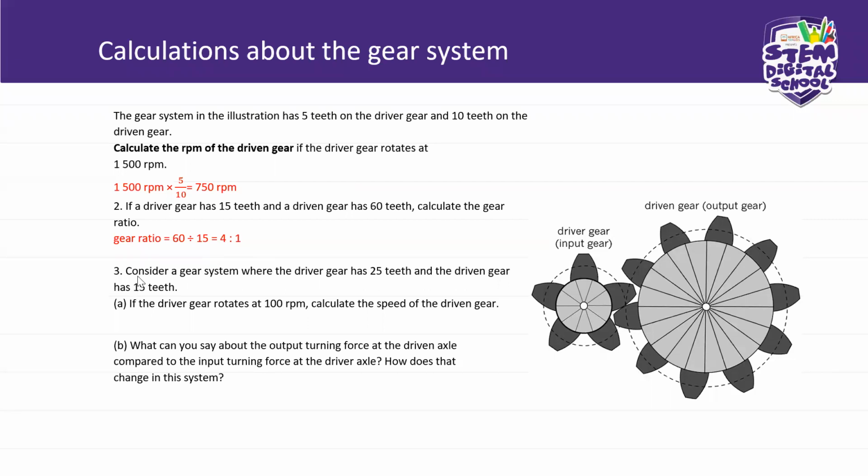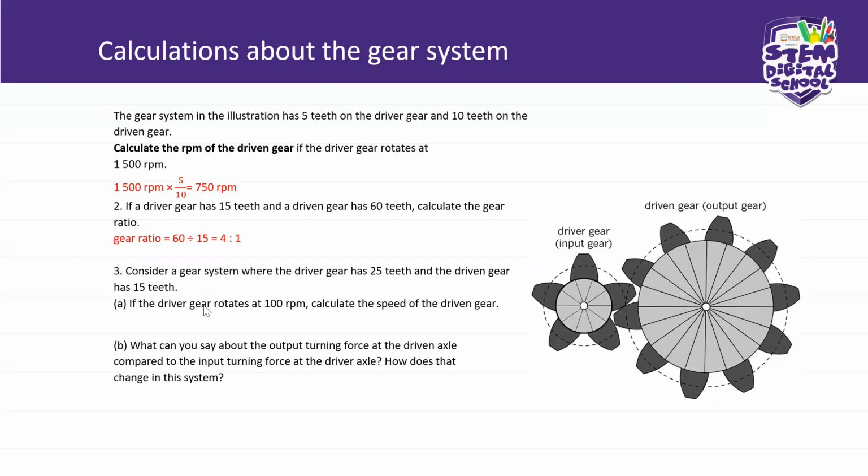Right. Consider a gear system where the driver gear has 25 teeth and the driven gear has 15 teeth. If the driver gear rotates at 100 revolutions per minute, calculate the speed of the driven gear. In other words, you are calculating the revolutions per minute of the driven gear.